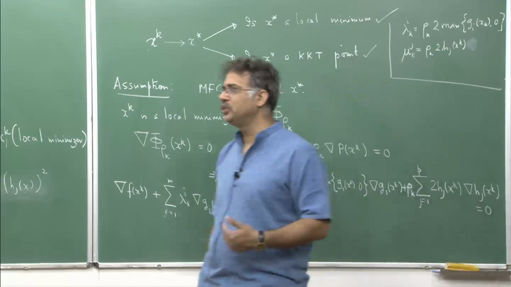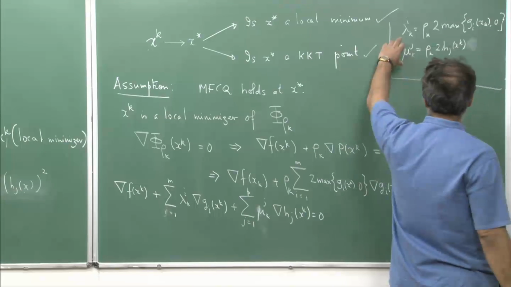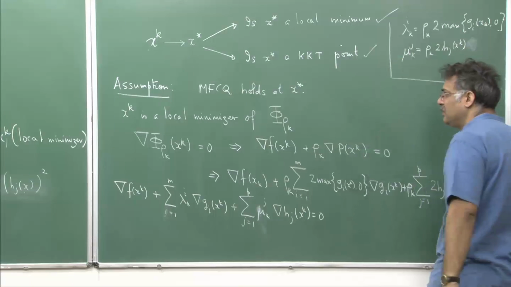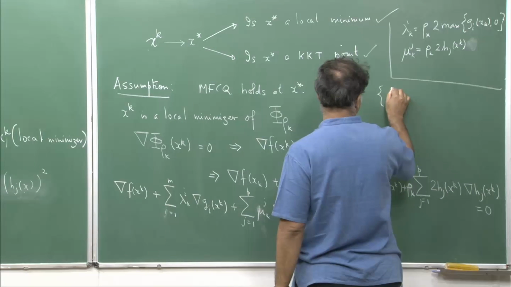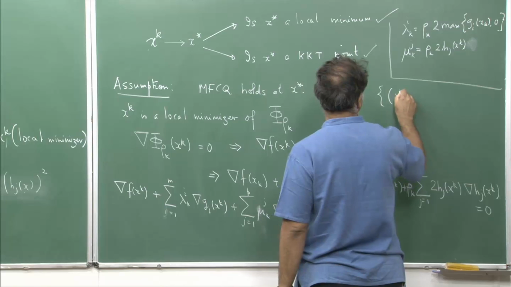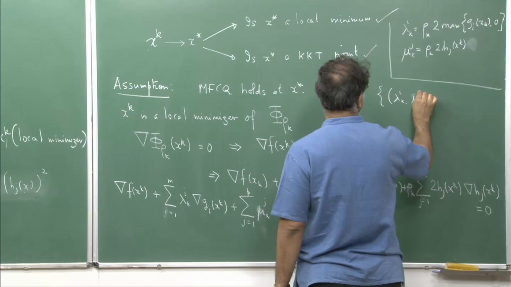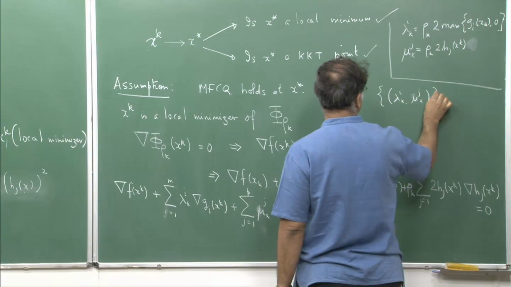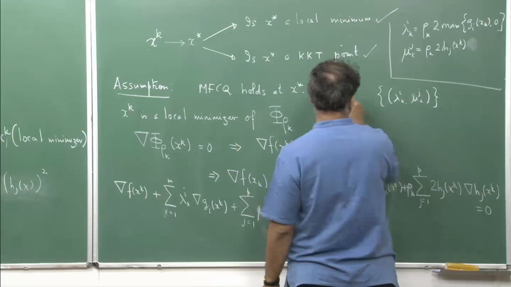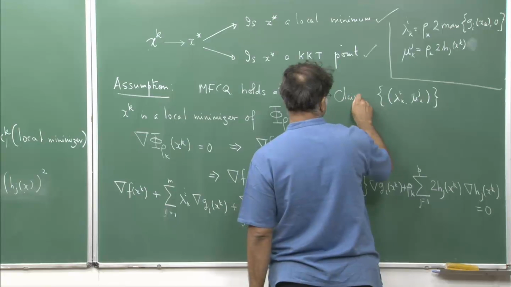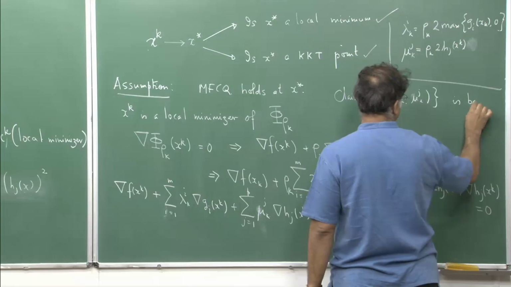So, what we have to prove is that this sequence of vectors is bounded. The claim is the following: this sequence is bounded.